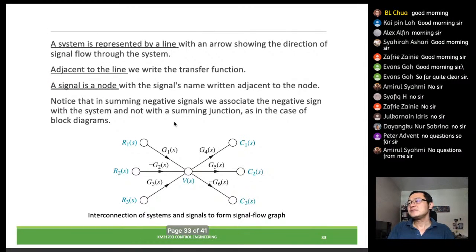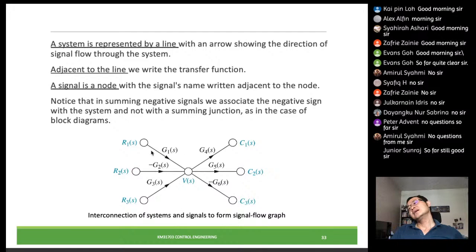So how will it look? It will look like this. Every single node is the signal itself, whereas this line, which we call a branch, is the transfer function or the system. It's sort of the reverse of the previous block diagram. We call it a signal flow graph because our main intention is to see how the signal flows from one node to another node.